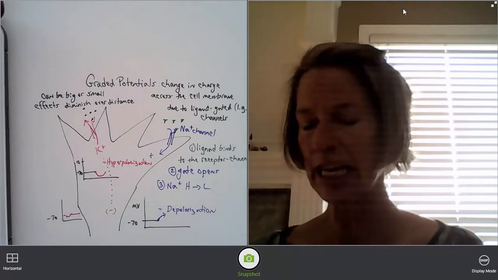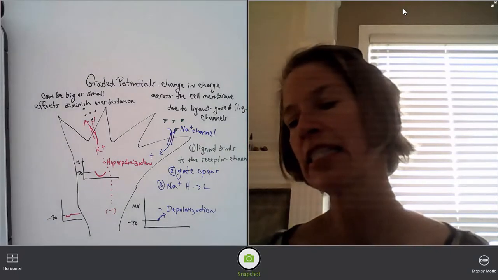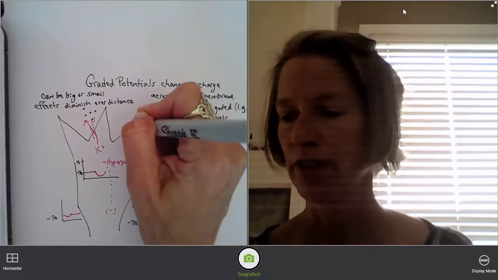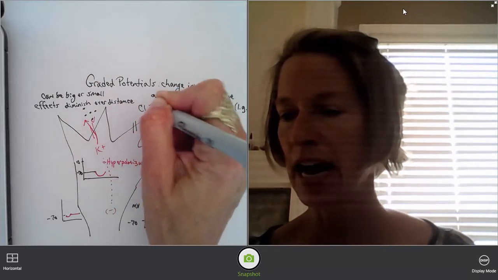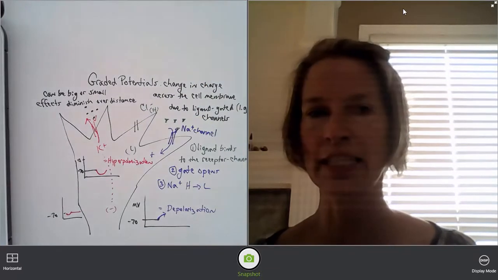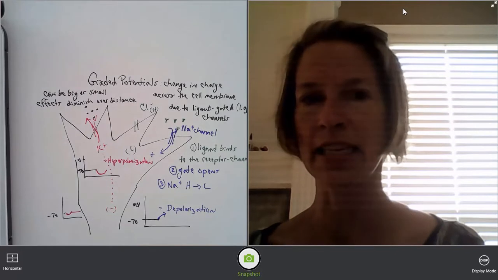A few other examples you might see. So you might see a ligand-gated chloride channel. Remember, chloride ion is high outside the cell compared to low inside the cell. You need to memorize this.